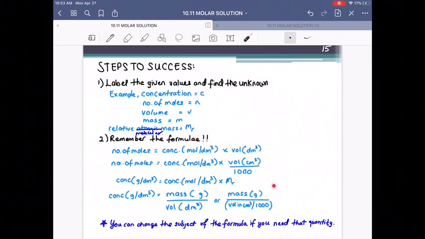These are the formulae you need to remember by heart. I don't need to explain all this. You can just read again in the notes. Please remember, please remember, please remember. And I put a star here. You can change the subject of the formula whenever you need that quantity.